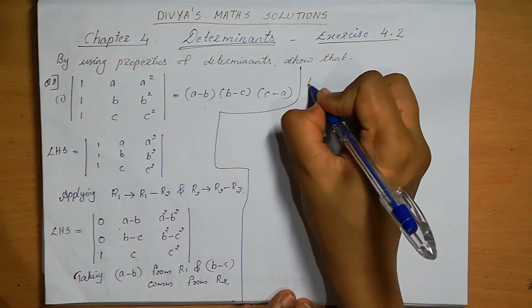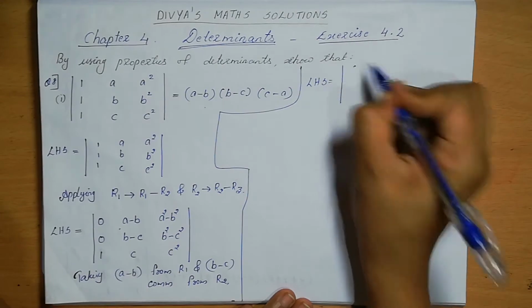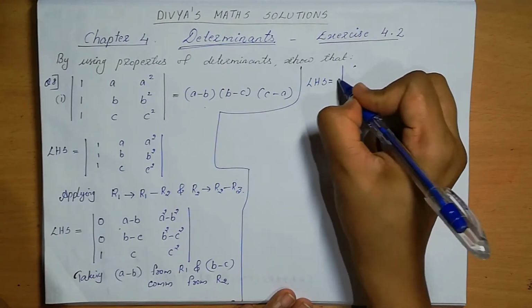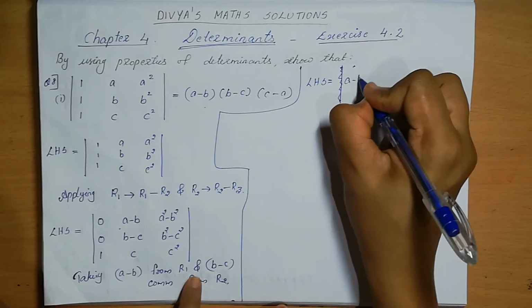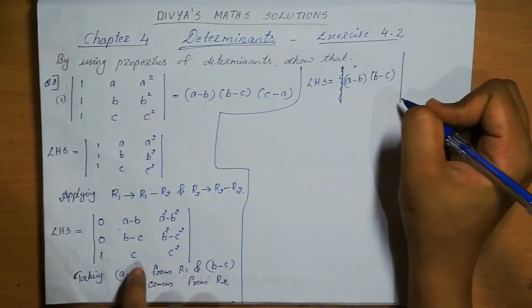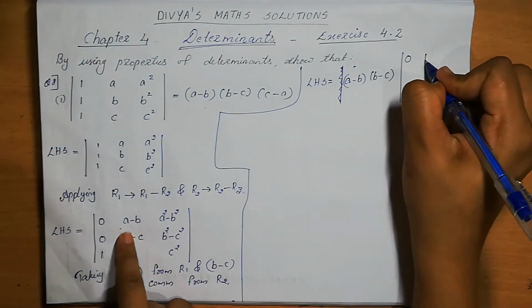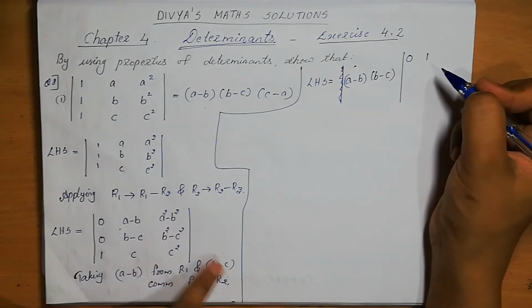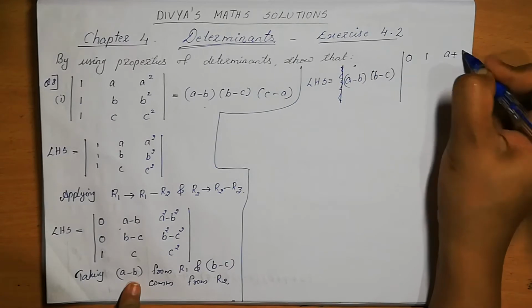So again we can write this LHS equal to, taking common means that we need to write outside. So what is the common? A minus b and b minus c. So what is remaining on the first row? 0, 1 from a minus b being common, and from a square minus b square, taking a minus b common, what remains is a plus b.